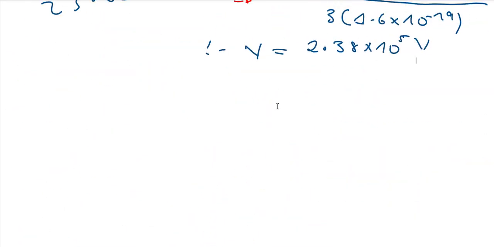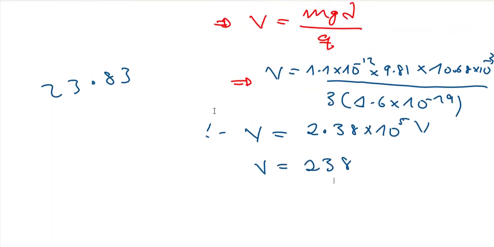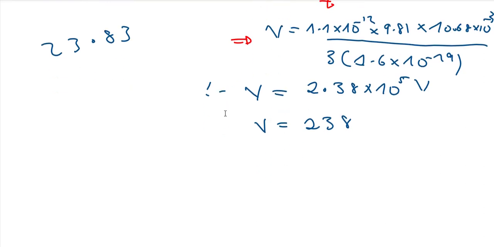So V will be equal to 238 times 10 to the power 3 volts, so this will be 238 kilovolts. Yes, so that's it in kilovolts, and that will mark the end of this video. So see you in our next video. Stay tuned.